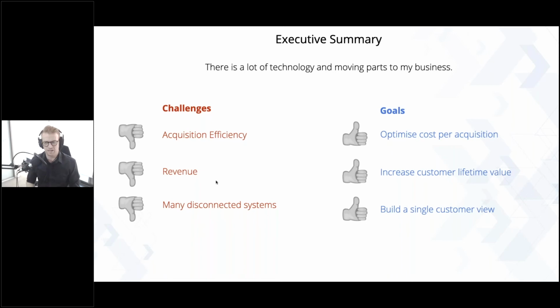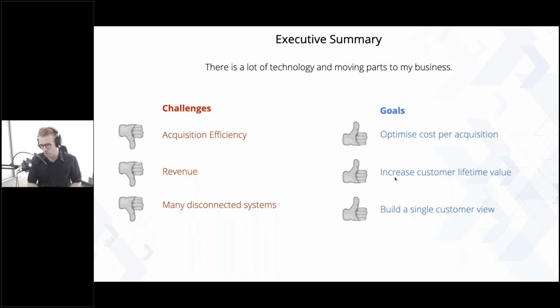Revenue. What do I do about the revenue? I increase customer lifetime value. And we'll talk about customer lifetime value in a second, but that's one issue that Paul has, is that he gets someone on average for about 10 months subscribing, and then they attrit. So that's an average.